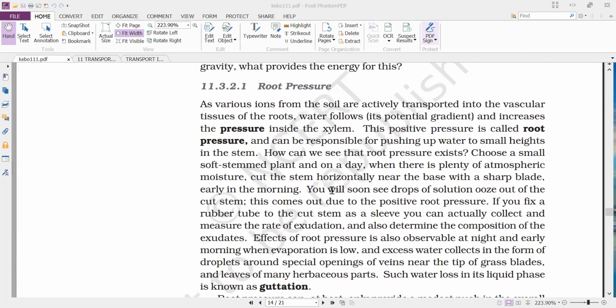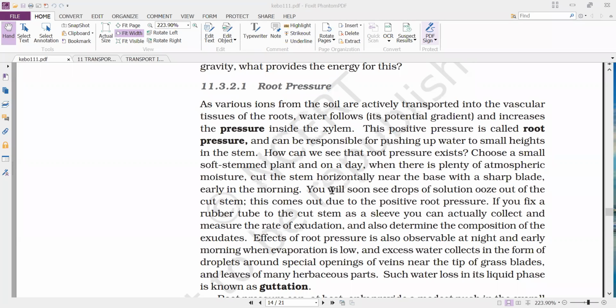So the mineral salts need to be transported across the membrane against this concentration, because these minerals are already present in the cytoplasm. The mineral salts have to be absorbed against the concentration gradient.